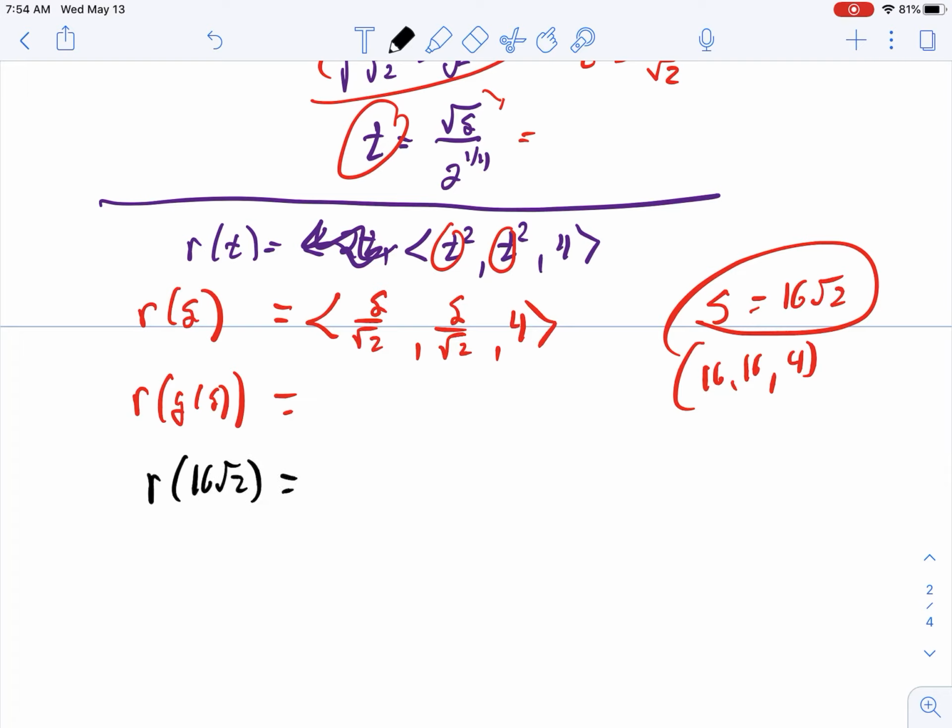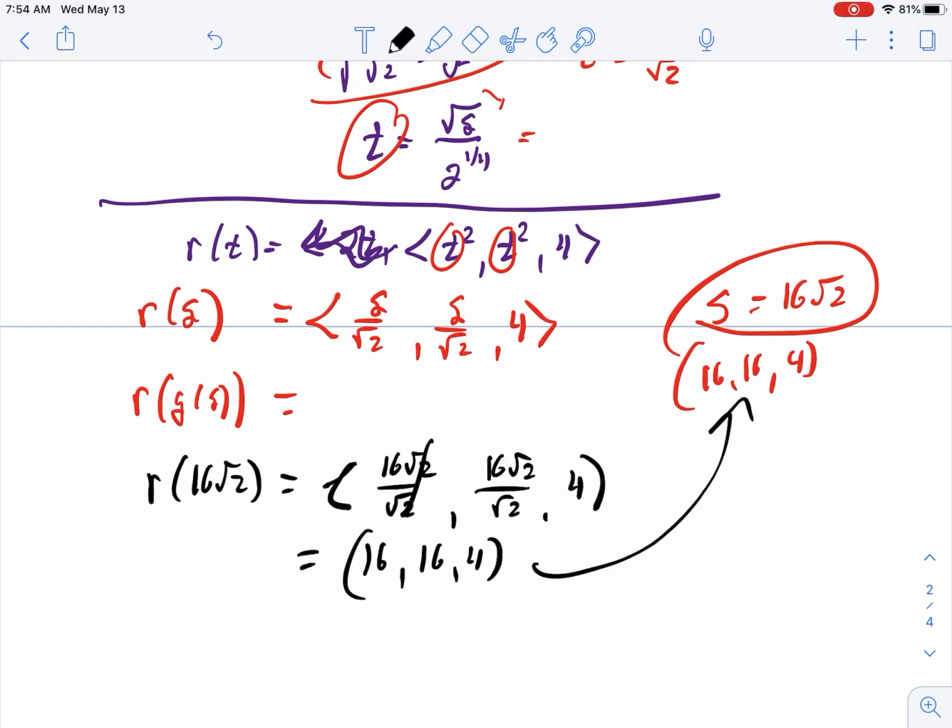So r of 16 root 2. So I would have 16 root 2 over root 2, 16 root 2 over root 2, 4. So I am located at 16, 16, and 4, which came out.